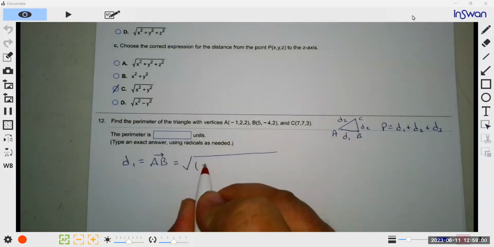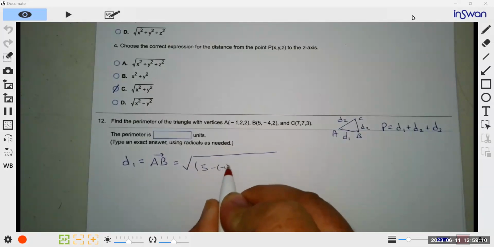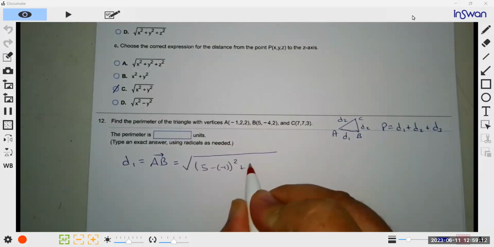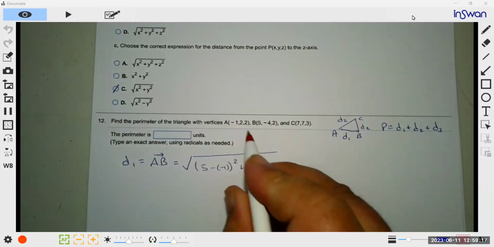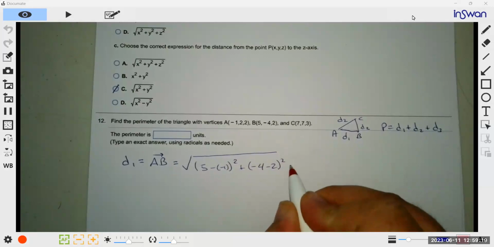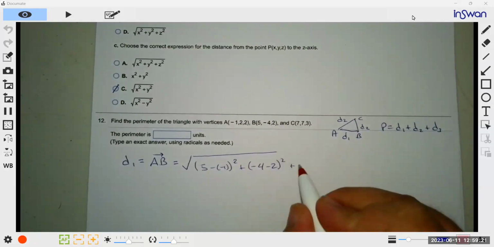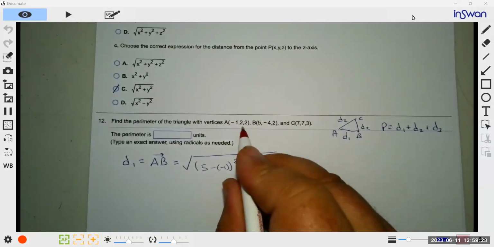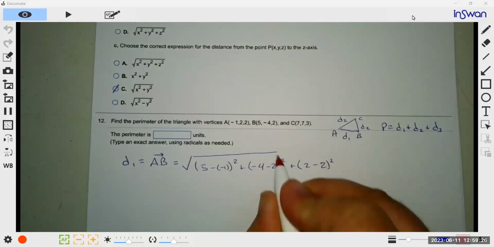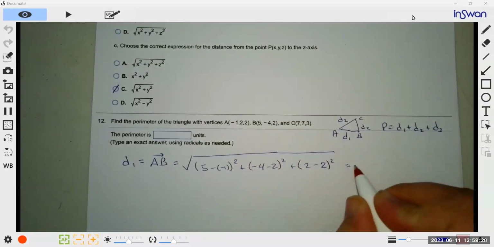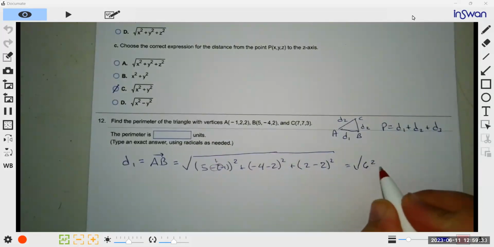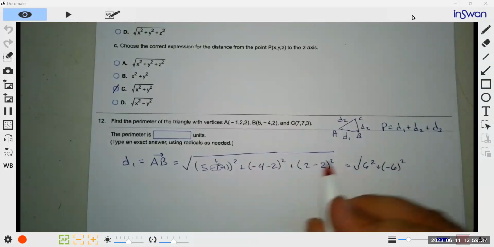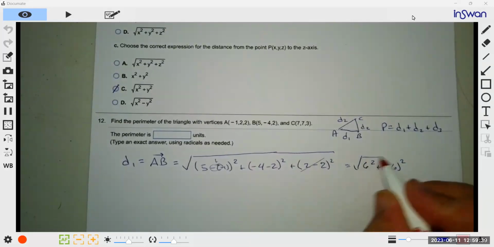So it's 5 minus -1 squared, -4 minus 2 squared, 2 minus 2 squared. This becomes plus, so it's 6 squared plus -6 squared, and that's 0.